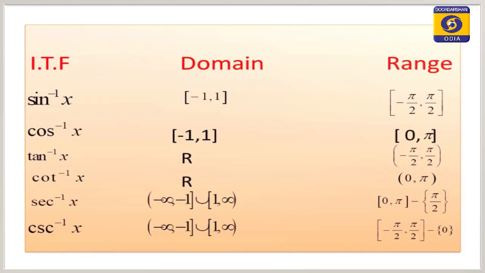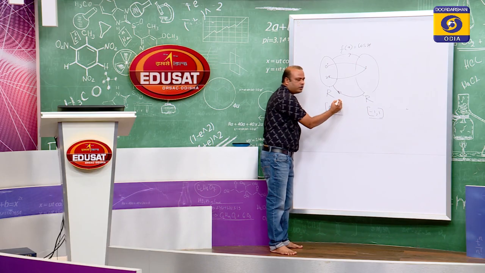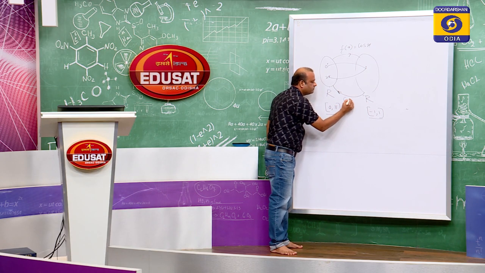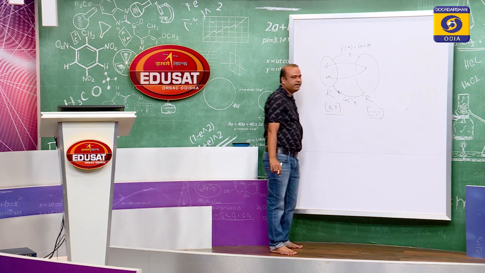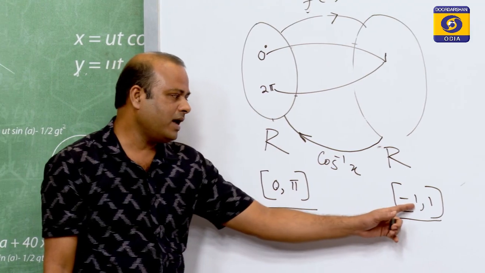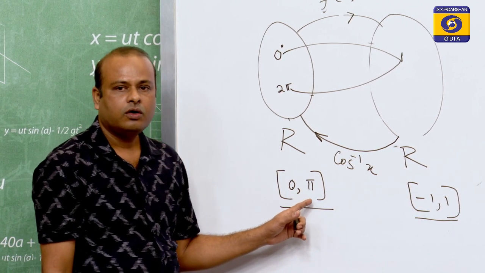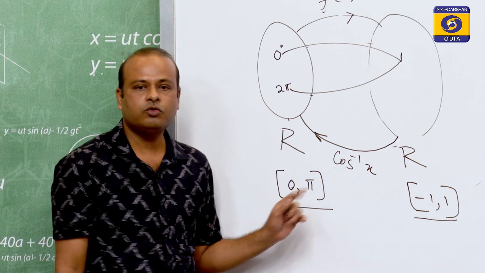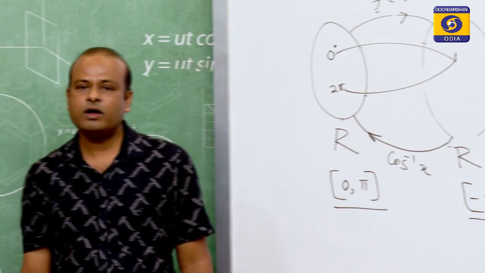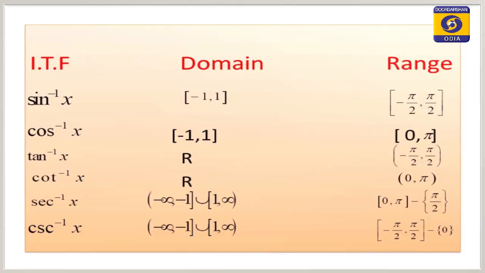You can see on your screen that cos inverse x, its domain is minus 1 to 1 closed interval and the range is 0 to pi. You have to remember all these things.